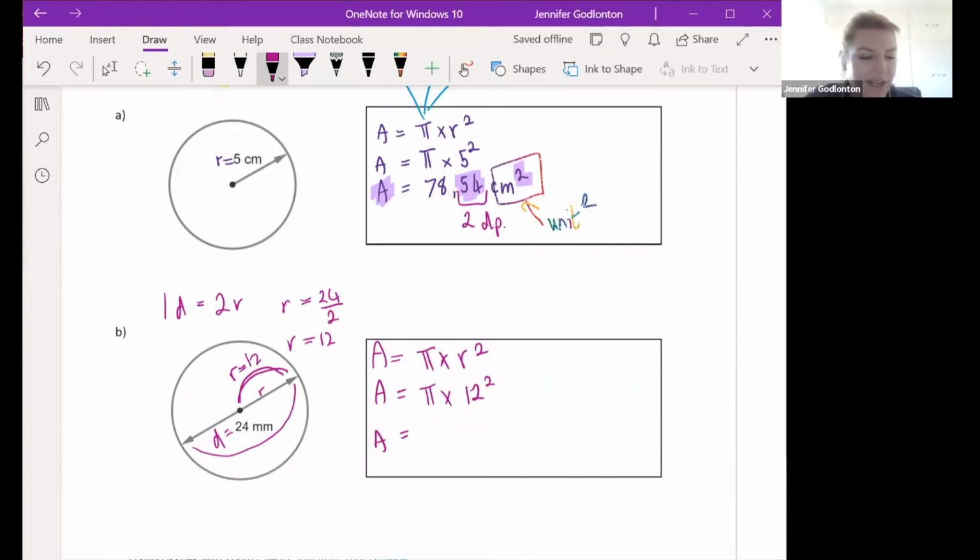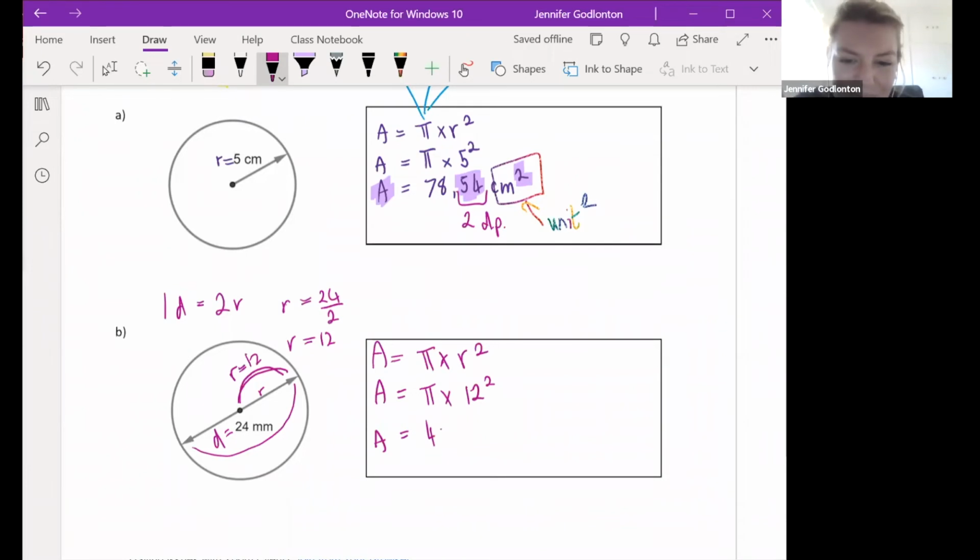Just pop it into the calculator again for me. Write pi times 12 squared and then equals. Do you get the 144 pi again? Yes, ma'am. Okay, then look for this button over here, the one that says S to D. Push that button for me.